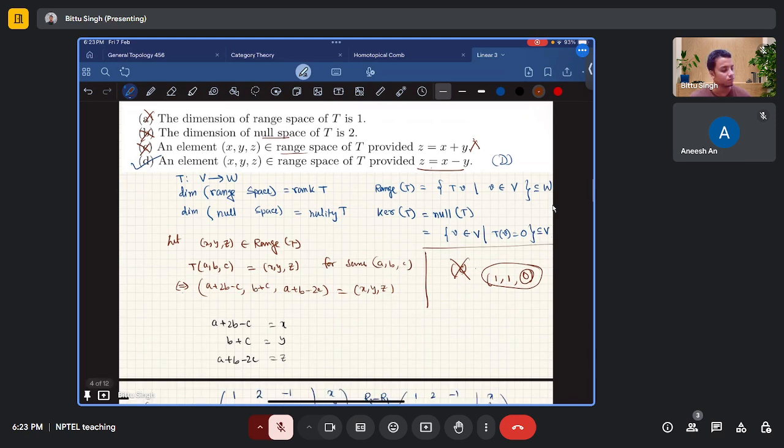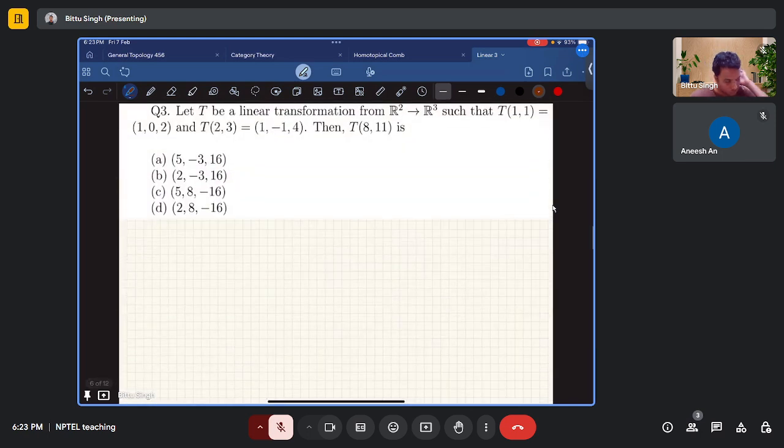Okay. So question number 3. Here T is a linear transformation from R2 to R3. It is given of this form. And we need to find what T applied on (8, 11) is.